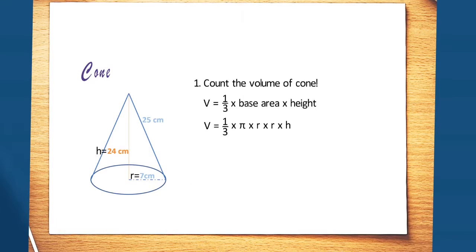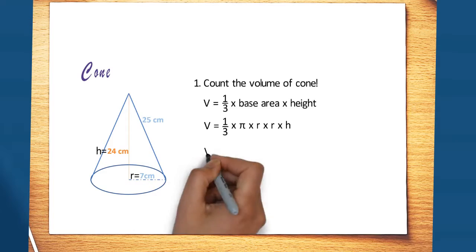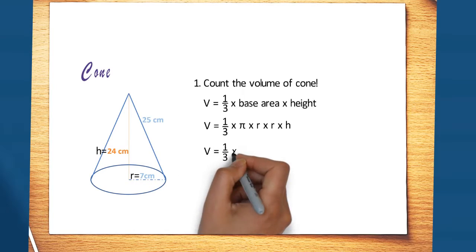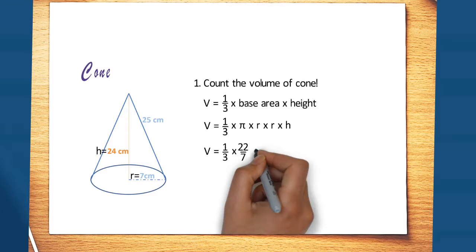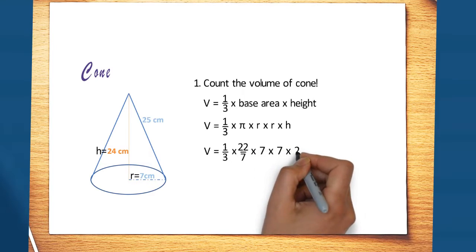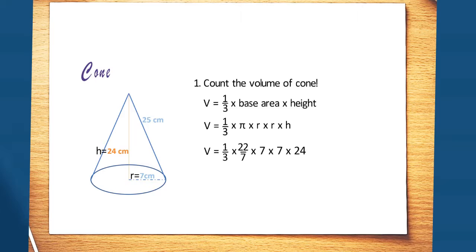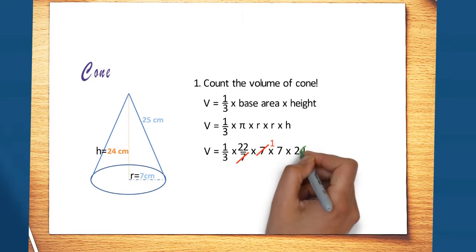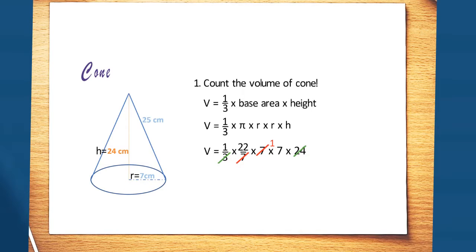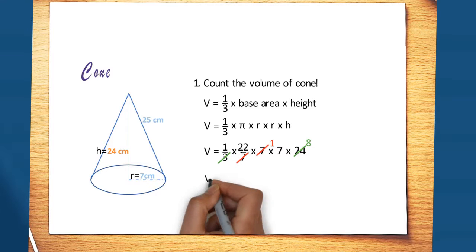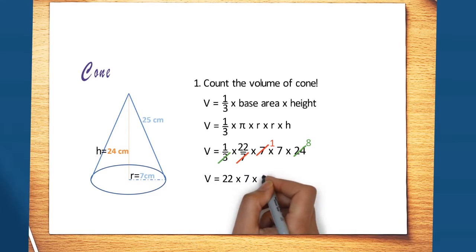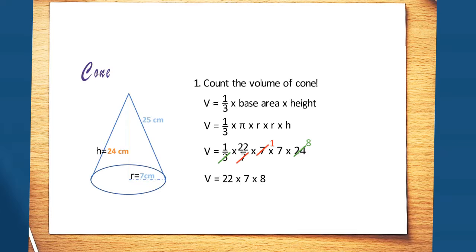Radius is 7, the height is 24. And now we get 1/3 times 22/7 times 7 times 7 times 24. Let's divide 7 by 7, which is equal to 1, and 24 by 3, which is equal to 8. We have 22 times 7 times 8. In the final result, the volume of the cone is equal to 1232 centimeters cubed.